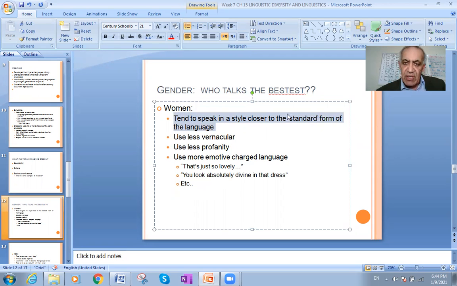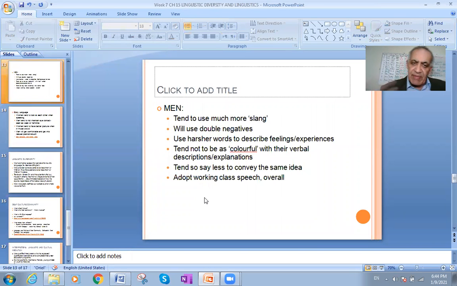If you ask who will be a good talker, she will talk as supposed to, use less vernacular, use less profanity, and use more emotive, charged language. For example, they say, this is so lovely, you look absolutely nice in this dress.